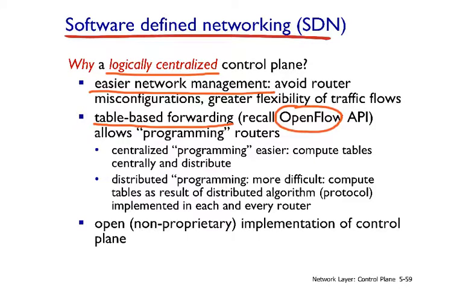For example, the controller can say, can you give me the information about your traffic loading in your links, or which is the occupation of your flow table, how many rules do you have? So in order to have these request reply actions, we need to run OpenFlow, the OpenFlow protocol.